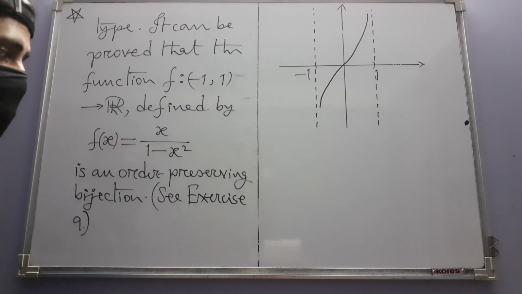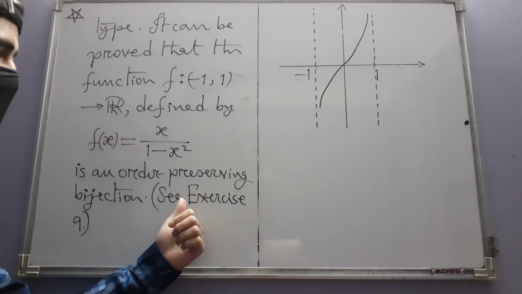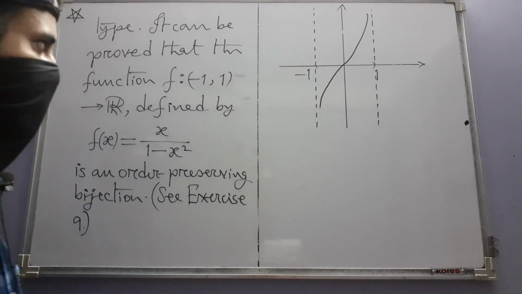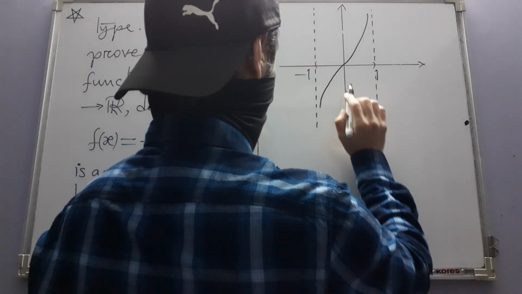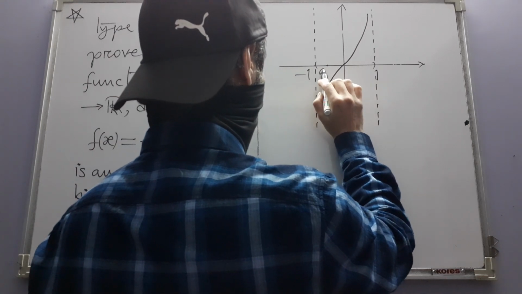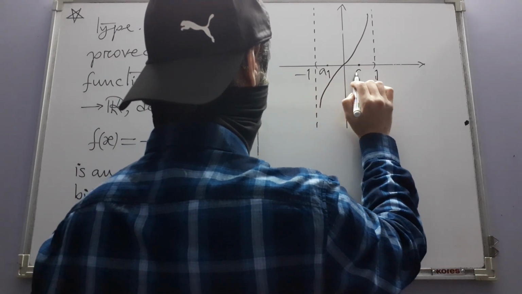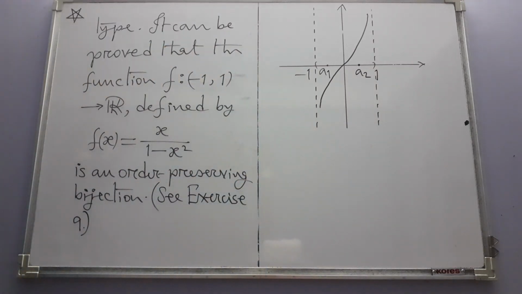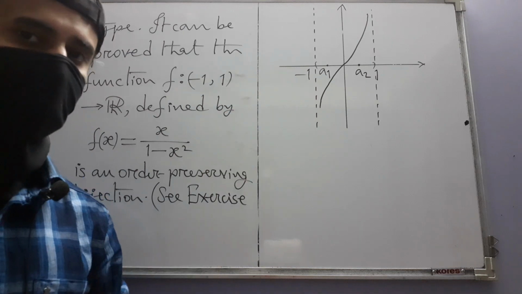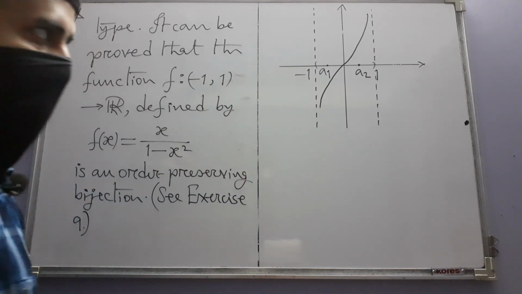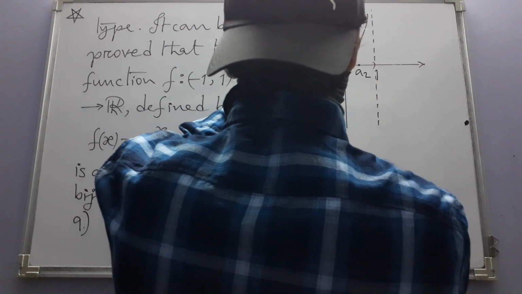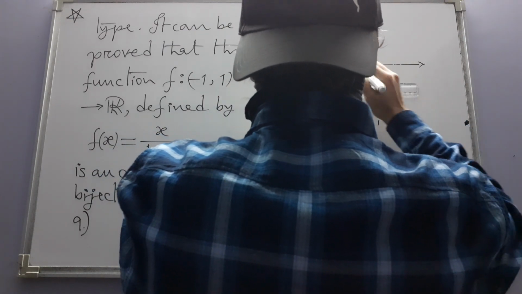So you can appreciate why this should be order preserving just by looking at the graph. Say you take 2 points A1 and A2 in the domain of f. That means here. Say A1 is negative and A2 is positive. Then what are the corresponding f values? This is f of A1.